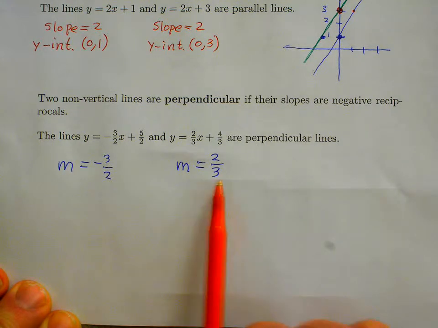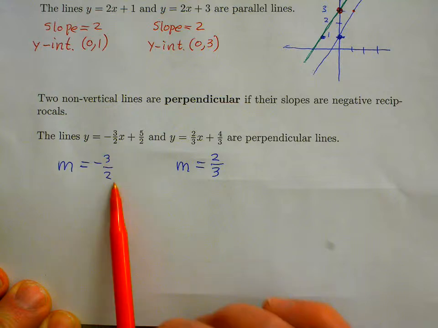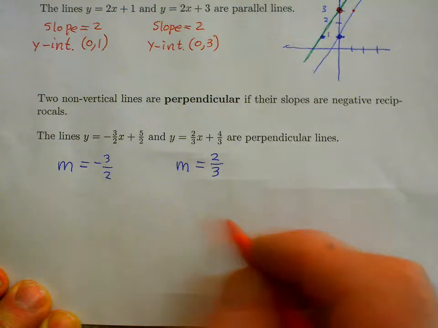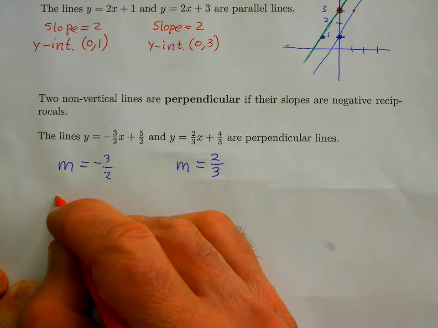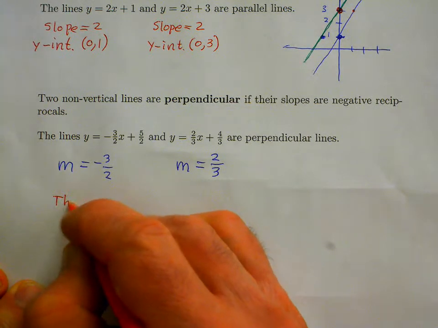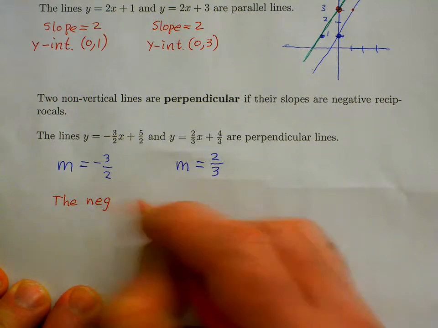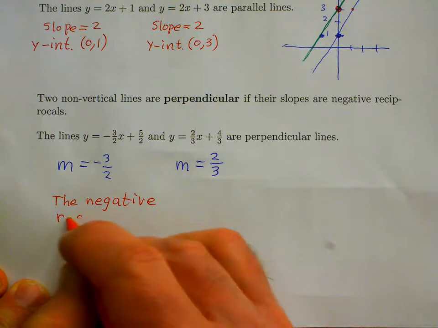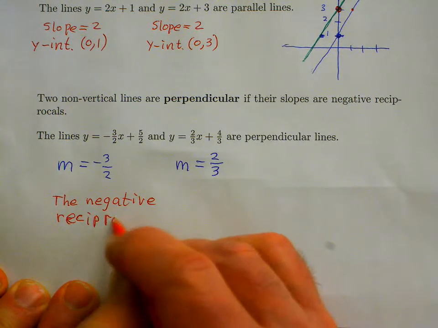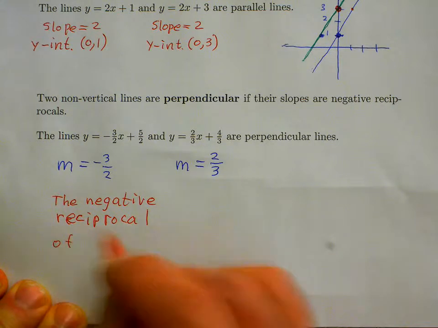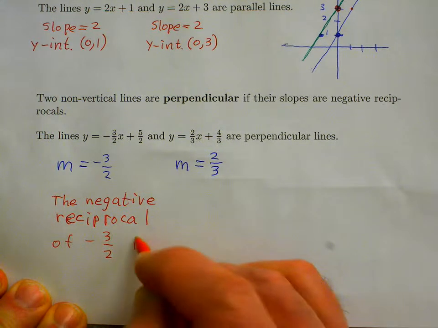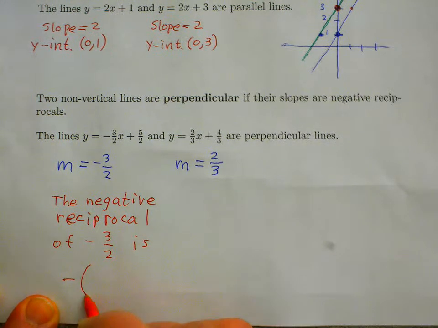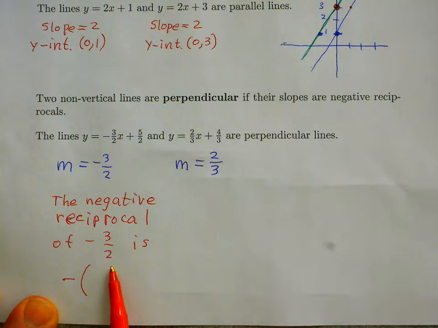So if we didn't know that the negative reciprocal of negative 3/2 is 2/3, then this is how you would do it. You could say the negative reciprocal of negative 3/2 is the negative, and then write the reciprocal of negative 3/2.